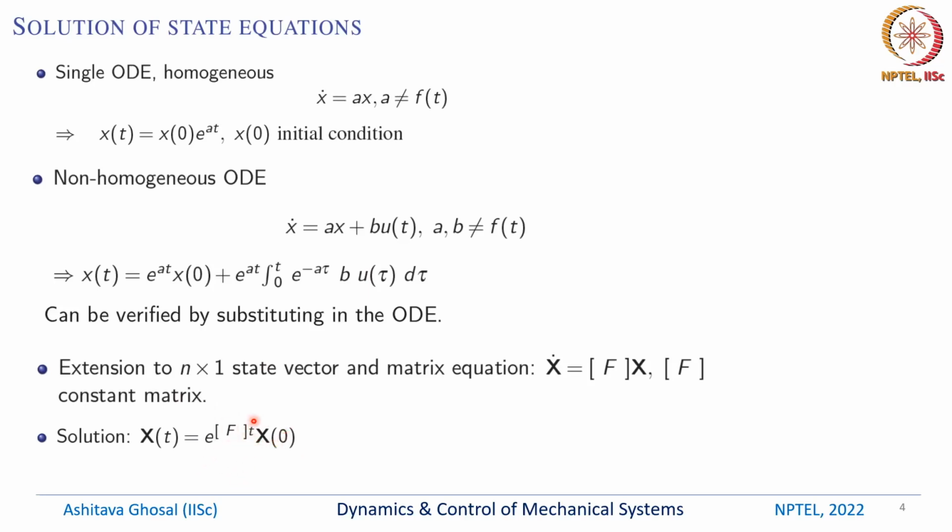So this is the exponential of this matrix. Remember, F is an n by n matrix, x is an n by 1 vector. So hence x of t is the exponential of a matrix F into t and into x of 0. We will see how we can evaluate or what is meant by e to the power Ft very soon.